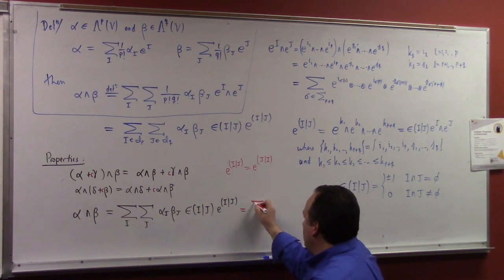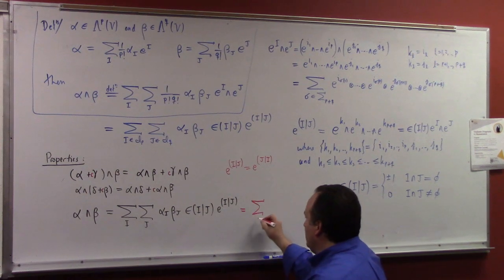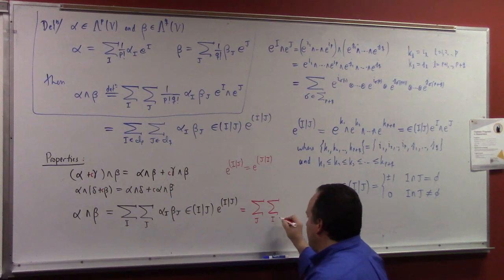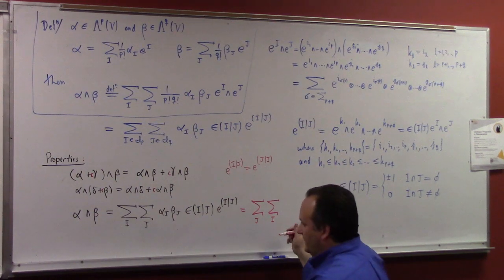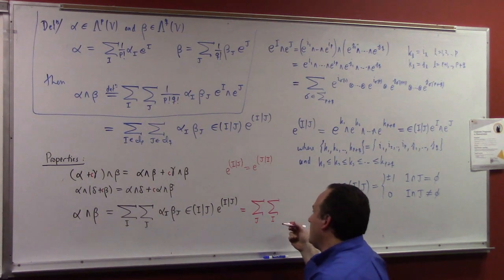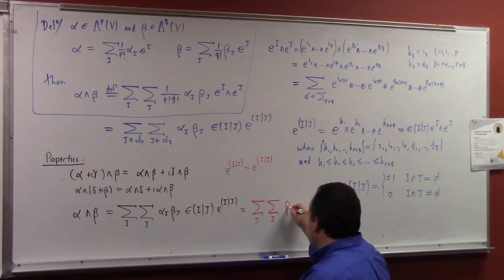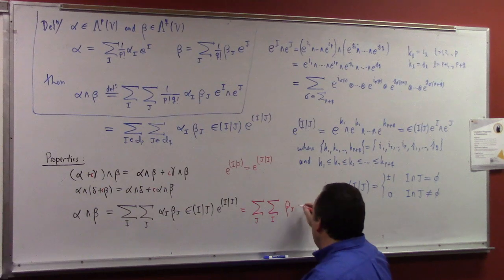Okay, and also, let me just go ahead and flip the sums. We can do that. They're finite sums, but there's many of them, but we can flip their order. That's a theorem. And yeah, we can flip these as well. That's just real number multiplication.